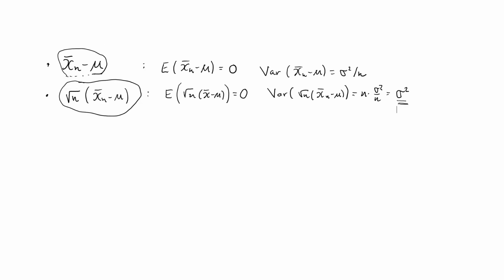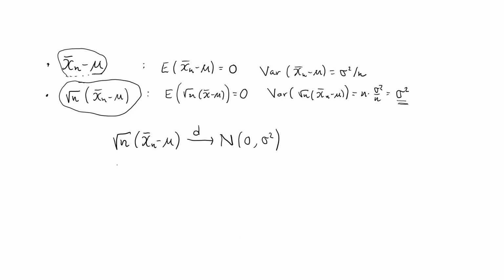The central limit theorem tells us that if I look at this sequence of random variables, square root of n times Xn bar minus mu, then this sequence will converge in distribution to any random variable which has a normal distribution. So we typically just write the name of the distribution with the expected value 0 and with variance sigma square.